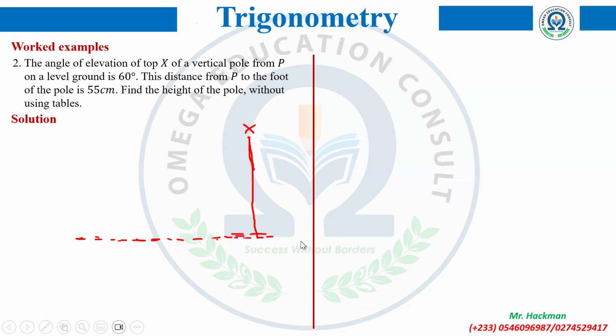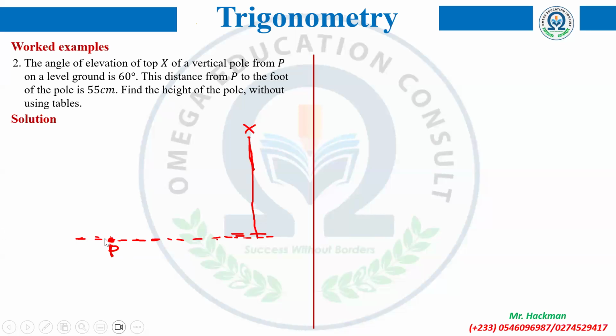So if P is here, you should know that because I'm talking of angle of elevation, P must sight X above. And indeed, you can see that P is sighting X above, because where I located my P, the horizontal line will be here, it will not be here.